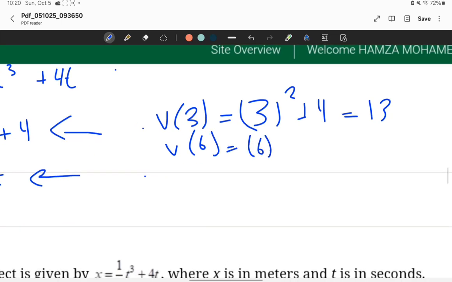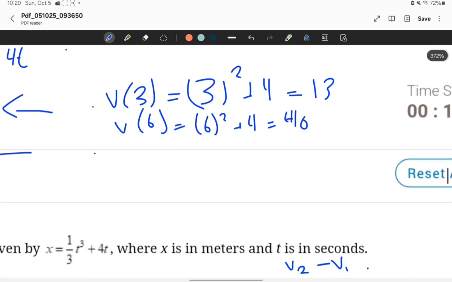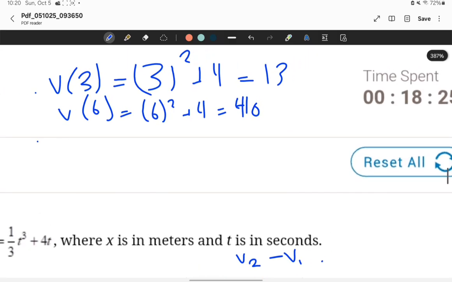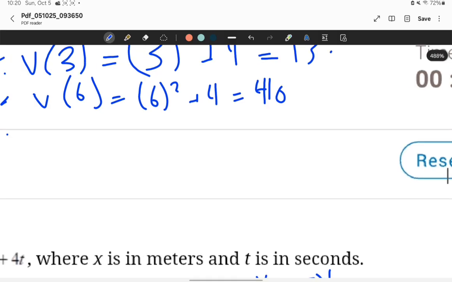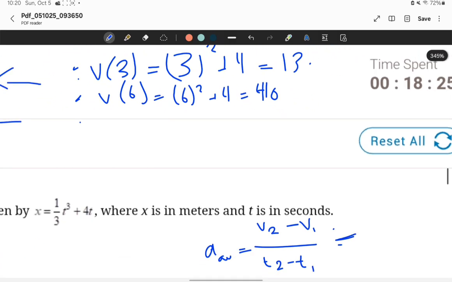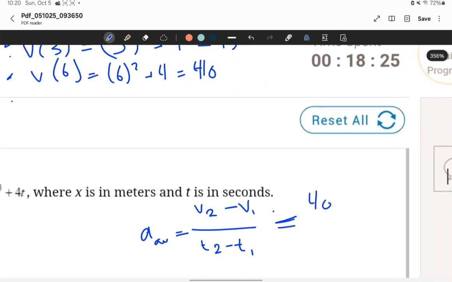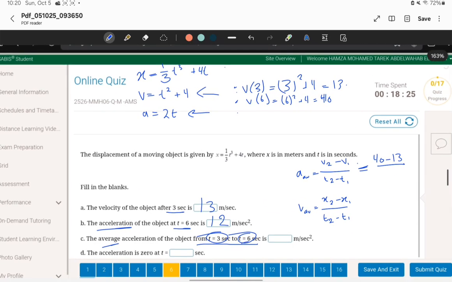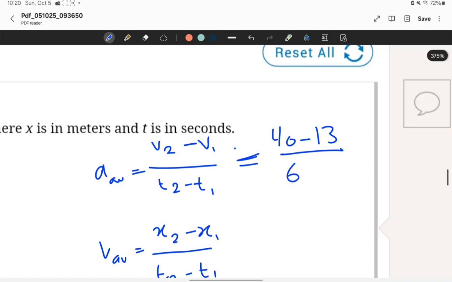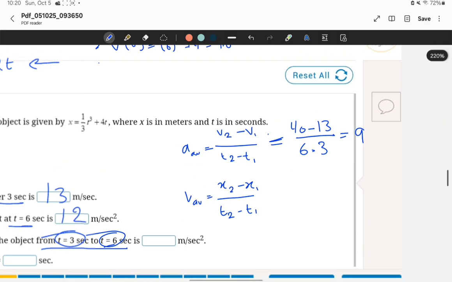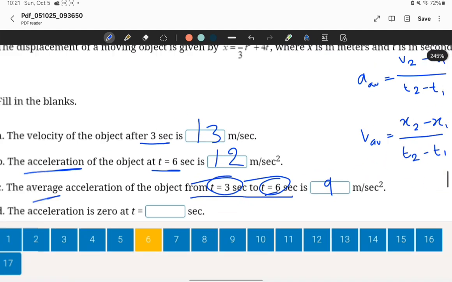So 6 squared plus 4, 36 plus 4 equals 40, right? So these are our two velocities. This is v1, our first velocity, and this is our second velocity. Substitute this into our equation here. The v2 was 40 minus 13, over time 2 is 6, 6 minus 3, you get 9. Okay, so that's our answer, 9.